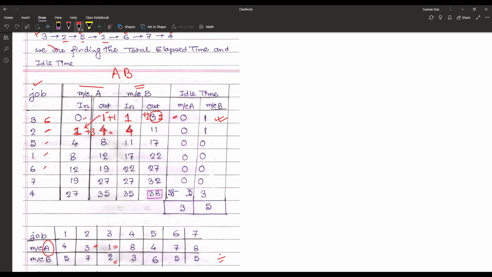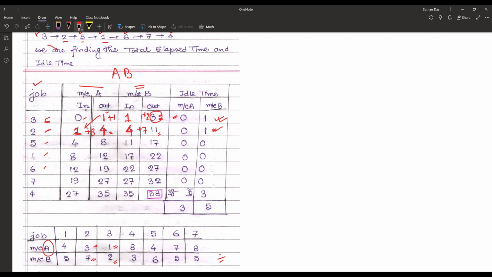For machine B on job 2 the processing time is 7, so that is 4 plus 7, reaching 11. Once again, look, it ended on 3, but it has to wait 1 unit of time. So the idle time for job 2 for machine B is once again 1.